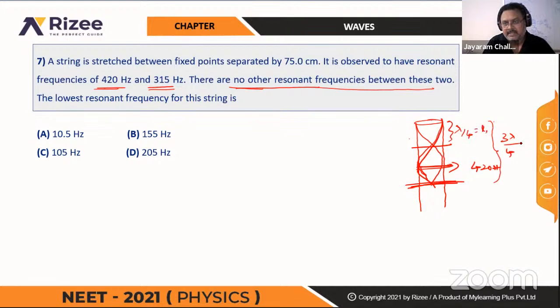Generally we take them as L1 and L2, which is why the theoretical relation is L2 equal to 3 times L1. This is your resonance column apparatus. Since there is no resonance in between, the difference between two successive frequencies, 420 minus 315, should give you the fundamental frequency.